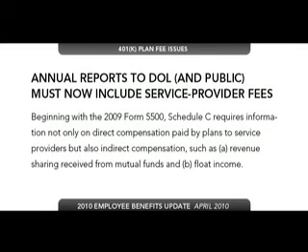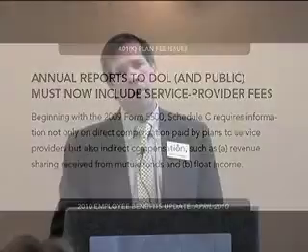So the Schedule C attached to that form, if you're, again, in the large employer category, you'll now for the first time be asked to provide more information than ever before about the amounts of money that are being paid to providers of services to your plan.